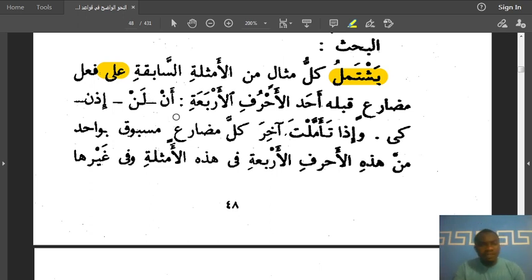Okay. We have, he says, each example among the previous examples contains, يشتمل على, contains فعل مضارع, a present tense verb, قبله, before the present tense verb, أحد الأحرف الأربعة, one of the four huruf, and the huruf are what he's going to mention to us: an, lan, idhan, and kay.